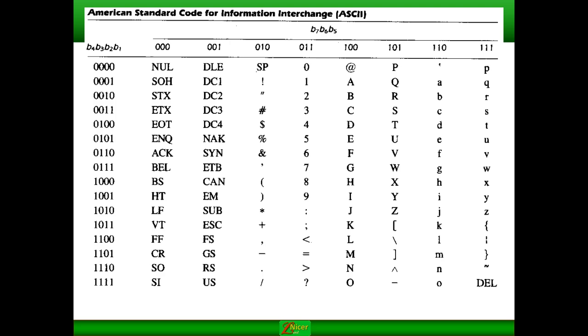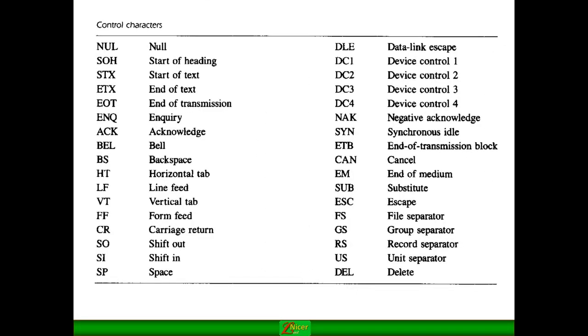This is our ASCII code, American Standard Code for Information Interchange. So this is the table of ASCII. This is very important in computing. When we want to convert our binary into ASCII, we use this table to relay information.